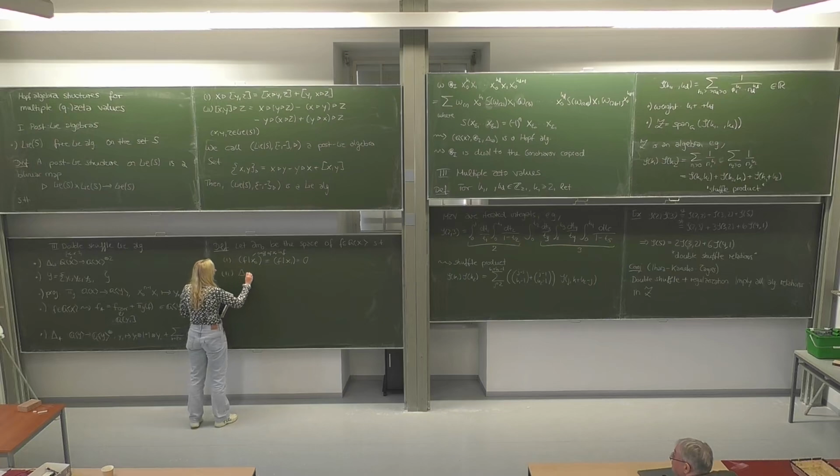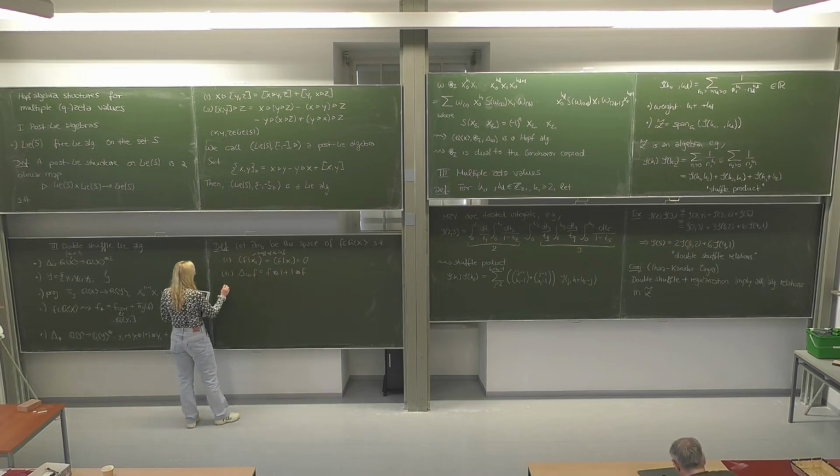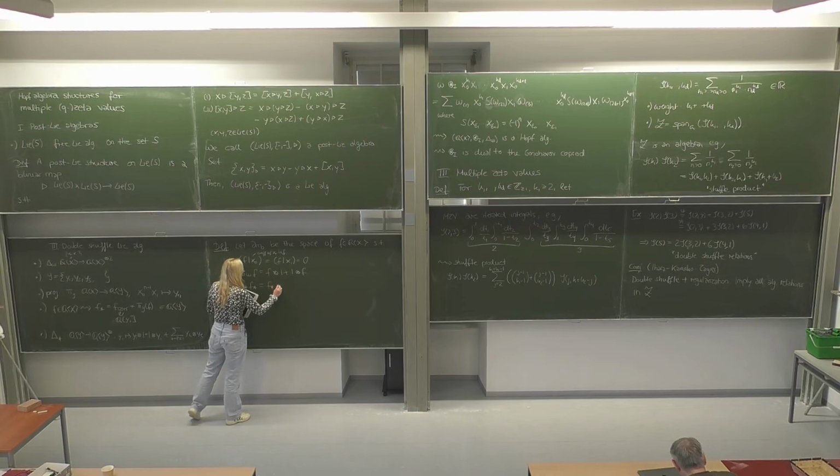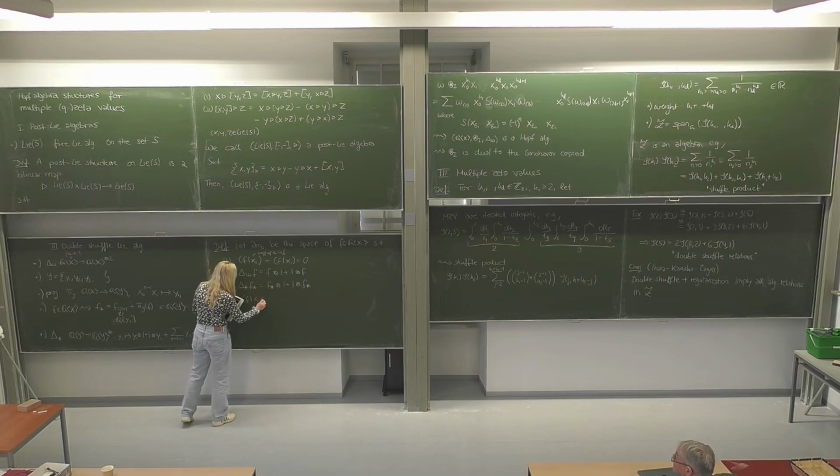Then we have some primitivity condition under the shuffle coproduct. And similarly, primitivity under the shuffle product, but before I have to shift f to the y alphabet. And finally, I have one more coefficient which vanishes.